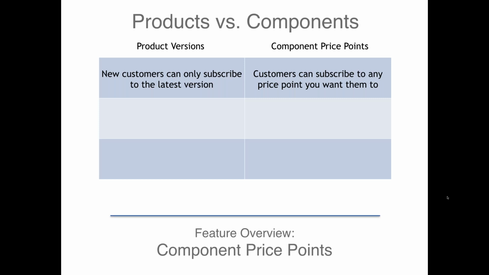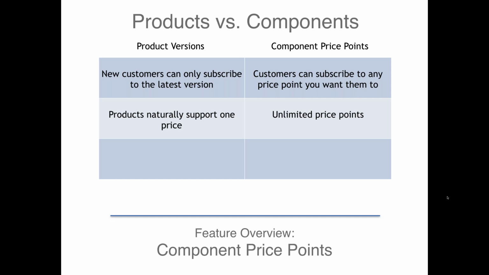Next, let's look at the comparison between product versions and component price points. Both are key features, and we can look at the key differences between the two. First, with product versions, new customers can only subscribe to the latest version, whereas with component price points, customers can actually subscribe to any price point you want them to, whether it's allocating it via API or choosing a new default as a price point to offer your customers.